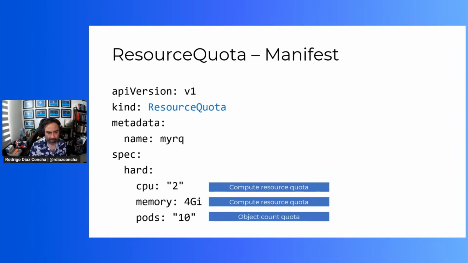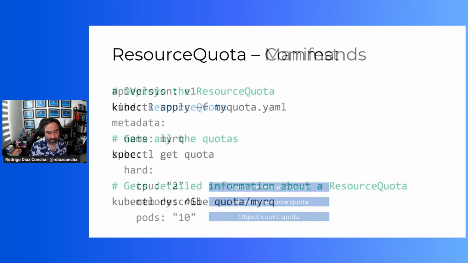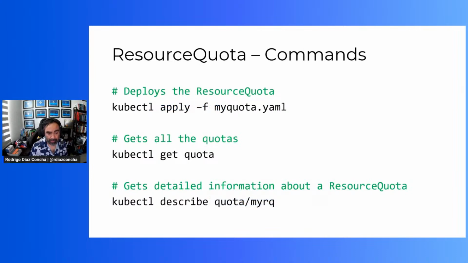As you can see here on the screen, this manifest is creating a resource quota object named myRQ, and then we can apply it by using kubectl apply, and we can get all the quotas by using kubectl get quota, and you can describe each of those quotas, right? So this is great.